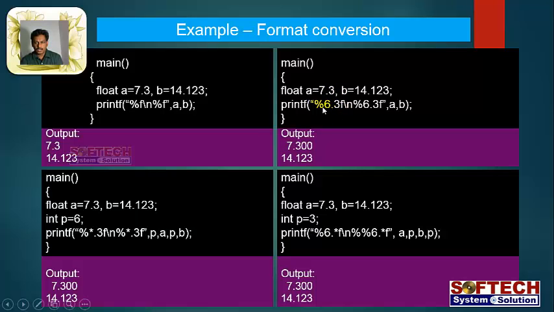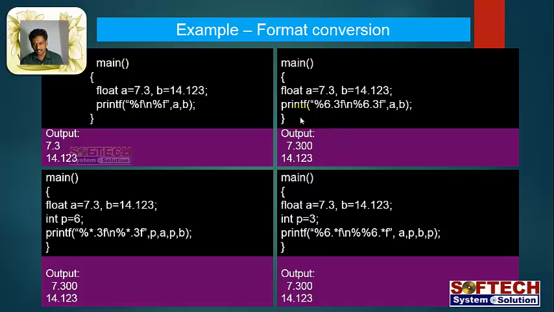So the total number of spaces is 6. Within that 6, 3 digits are included after the decimal point. So before the decimal, 2 digits. The total is 6 including the dot. Including the dot, it allocates a total of 6 spaces. It is not 6 digits before the dot and 3 digits after the dot.